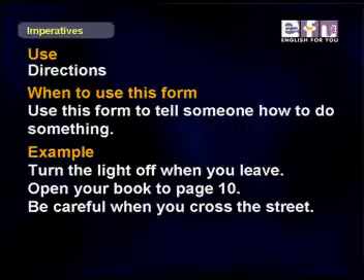We can also use the imperative form to give directions. So we use it to tell someone how to do something. For example, turn the light off when you leave. Or open your book to page 10. Be careful when you cross the street. So these are telling people how to do something, giving directions.